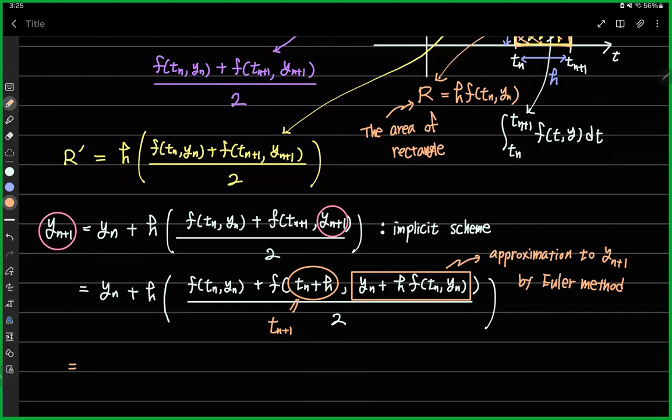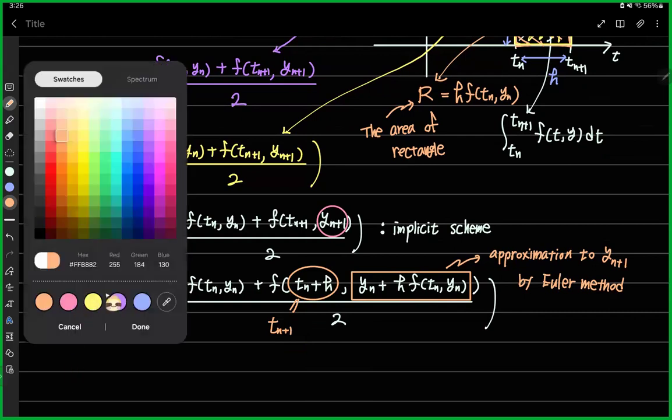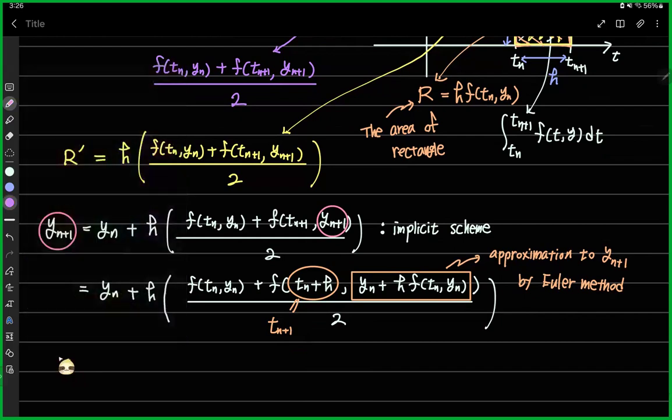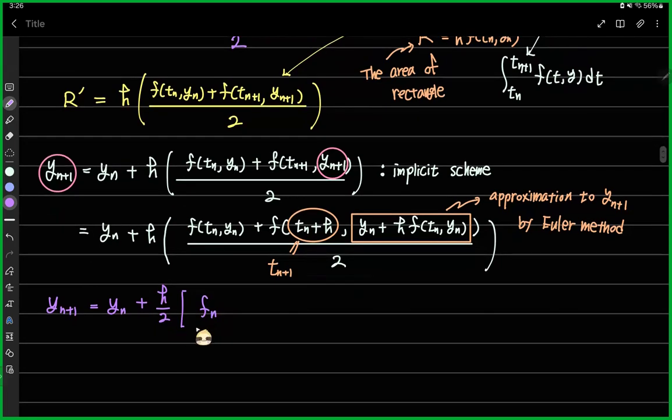So finally we can say, y sub n plus 1 is equal to y sub n plus h over 2 times f sub n, which denotes f of t sub n comma y sub n, plus f of t n plus h comma y sub n plus h times f sub n.